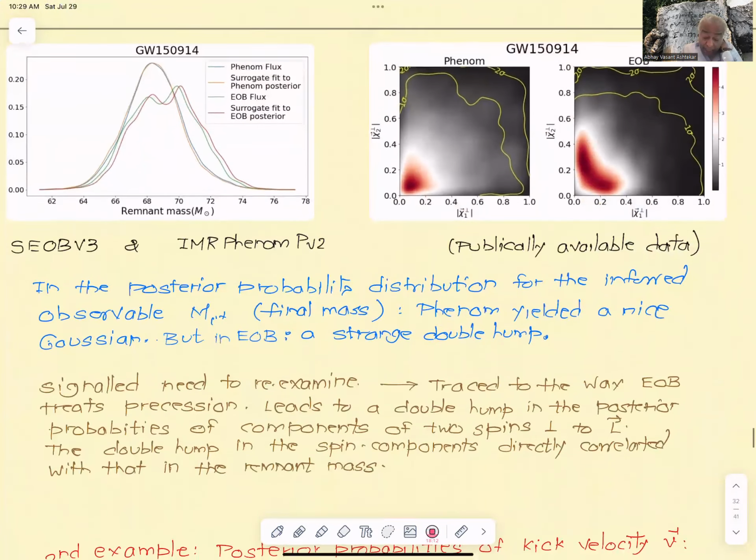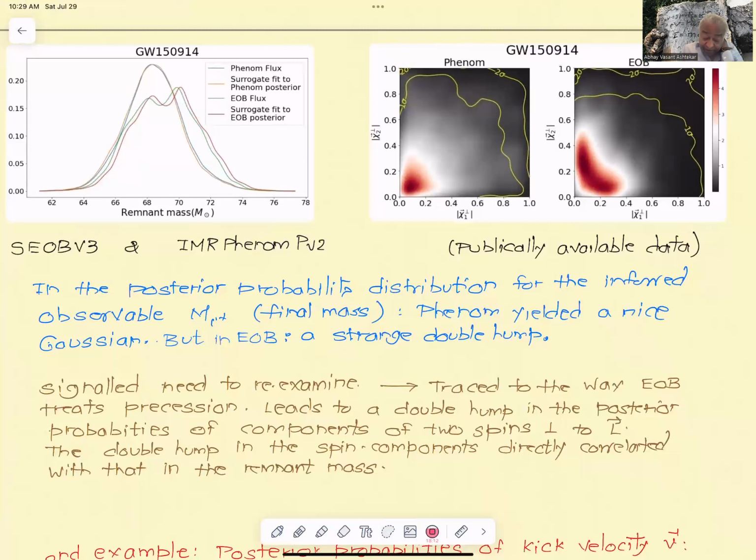And what we've done is use numerical relativity, which is really the surrogate. The prediction from numerical relativity, using the law that we just talked about, given the initial parameters, is what the numerical relativity will tell you will be the final parameters.